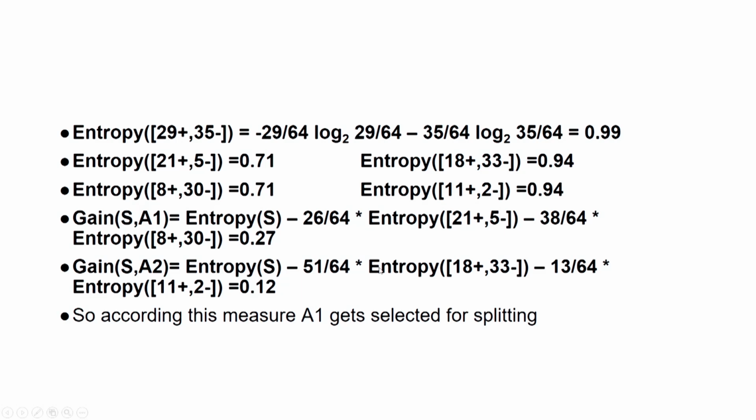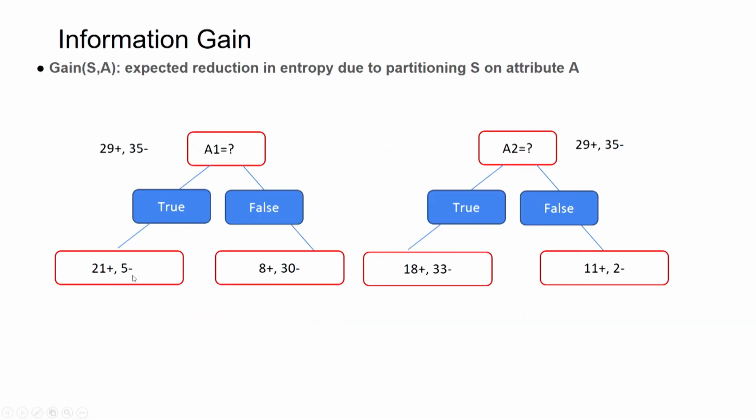Here you are more confident that if you select one instance from here, it is positive, because 21 instances are positive and only 5 instances are negative.